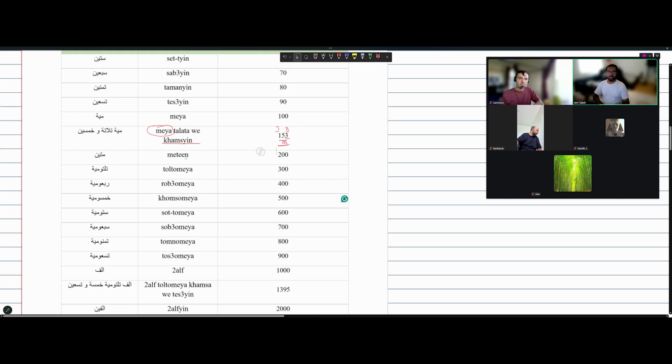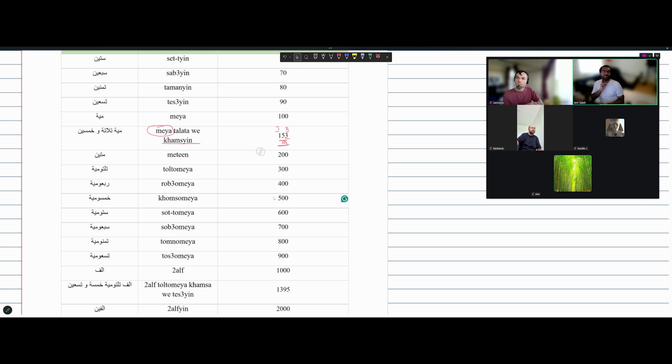200 would be meteen, so 2 times 100. And then 300 would be tolto meya, 400 rob'a meya. So you always add the O, basically. The funny thing is, and that was something my Arabic teacher in Egypt was really annoyed by in Masri: if you say 300 or 500, that's a better example, 500 in MSA would be like 1/5 of 100.